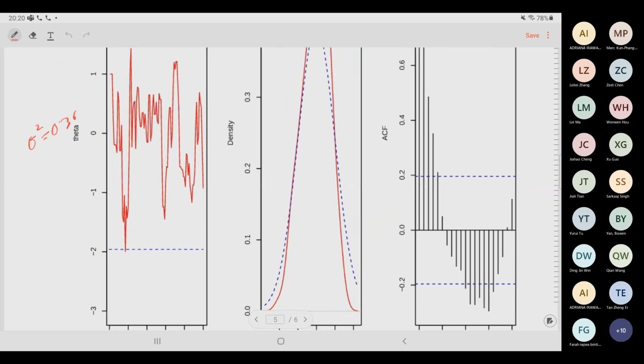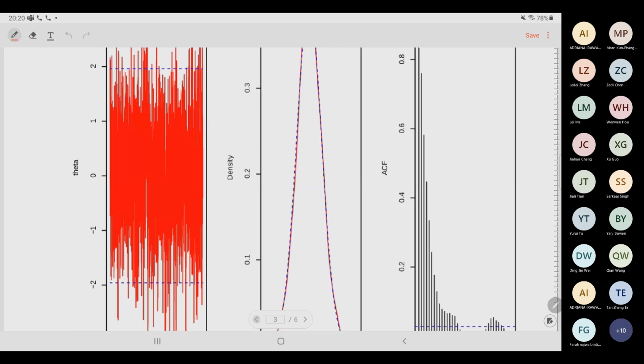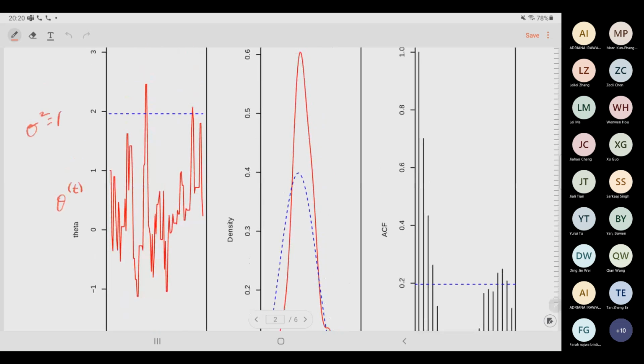So for example, they might go from minus 1 to 1. That's the maximum. But if you have a higher variance, then you might go from minus 1 to 2. So the jumps have a possibility of being higher. So this actually means that the mixing is better, because you can move around the support more.